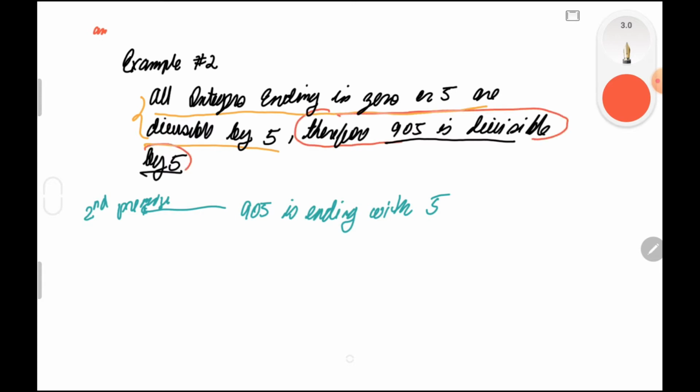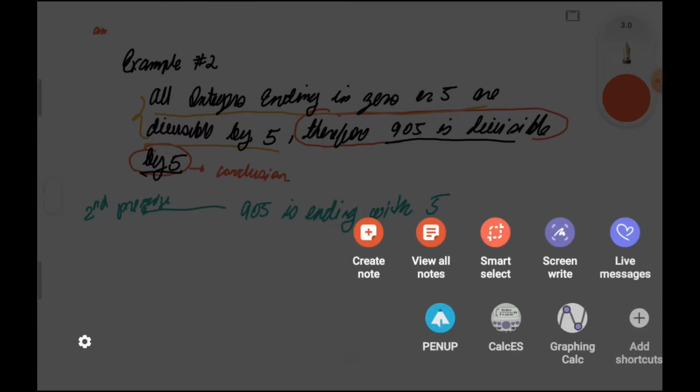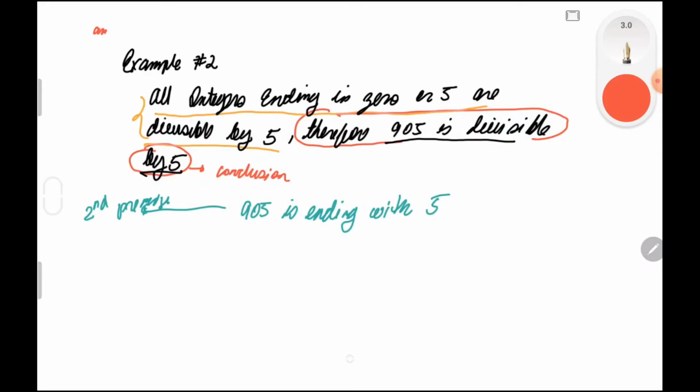Okay. Is this conclusion true or false? So, to know if your conclusion is true or false, you divide 905 by 5. Okay, so 1, 5, 40, 8, 40, 0, so 5, 1, so therefore 181.